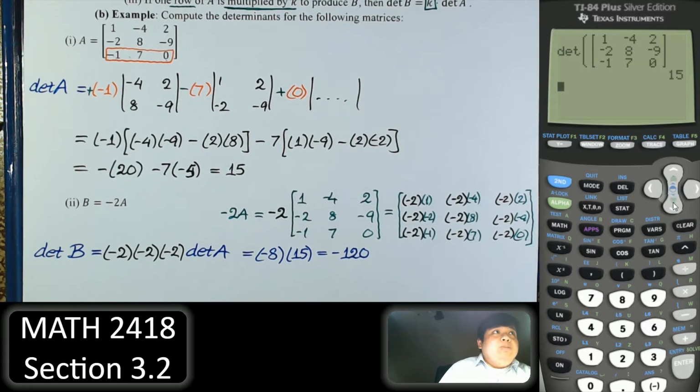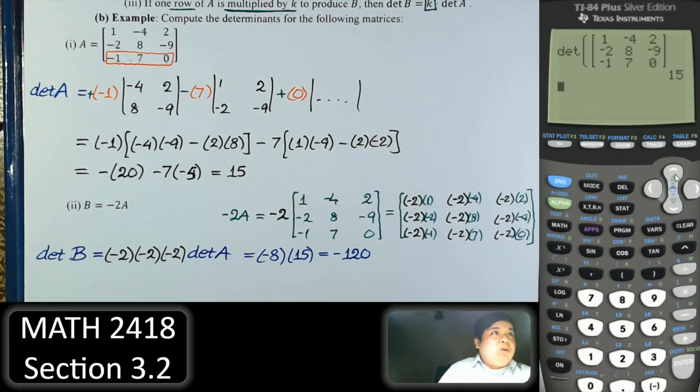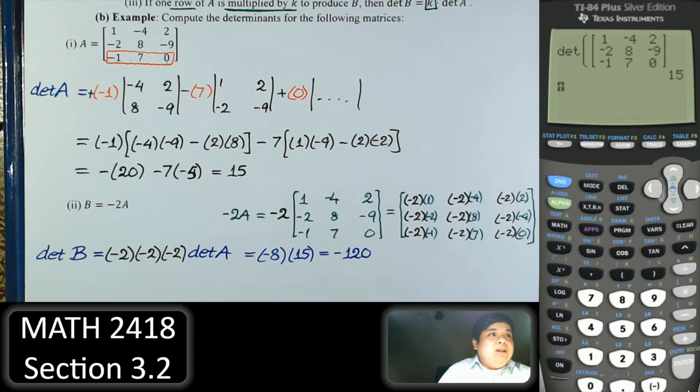By the way, if you use a TI-83 and you cannot go up and copy and paste like what I do here, just hit second enter, and it will pull up the last entry. Insert a -2. Right, so that's what we have.